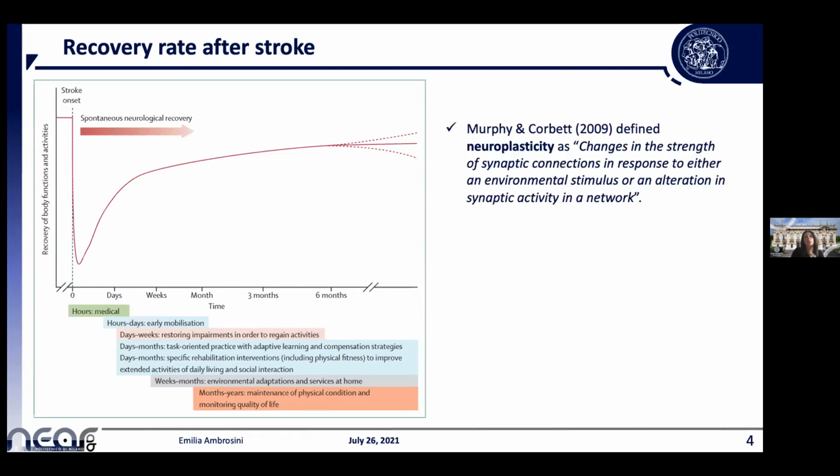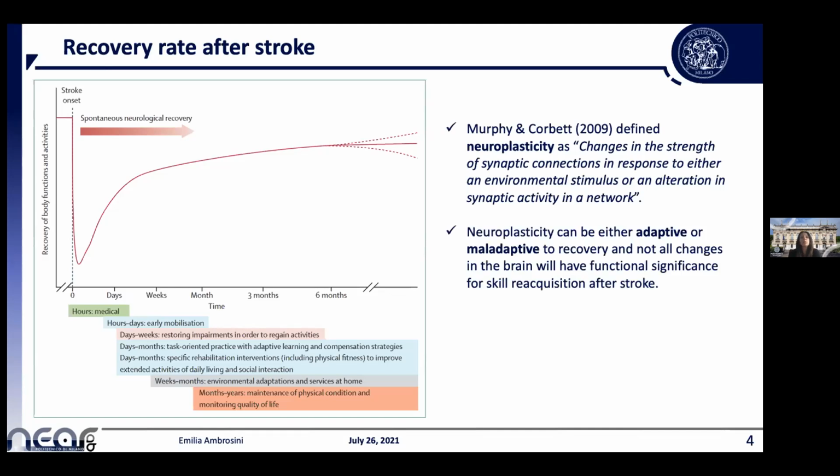And why does improvement occur after stroke? This is based on neuroplasticity, which is defined as the changes in the strength of synaptic connection in response to either an environmental stimulus or an alteration in synaptic activity in a network. And neuroplasticity can be adaptive or maladaptive to recovery.